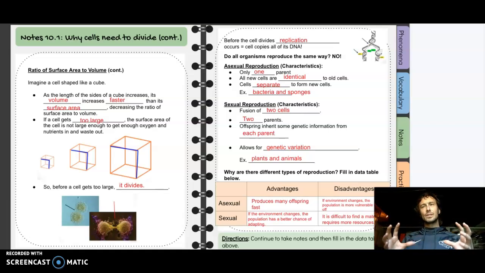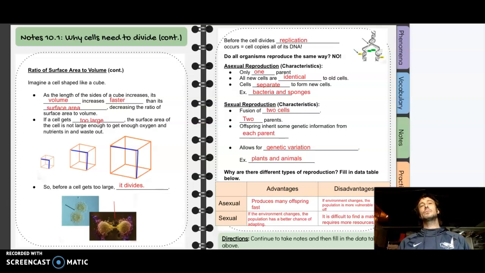So before a cell can divide, it needs to replicate or double up that material. And it shouldn't surprise anybody, there's a bunch of enzymes involved here. A helicase, which cuts the DNA, a polymerase, which puts new DNA back together. We'll get into more of that later. But this is really a form of asexual reproduction. Your cells are cloning themselves, genetically speaking.